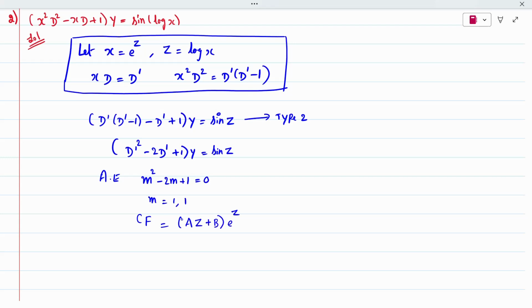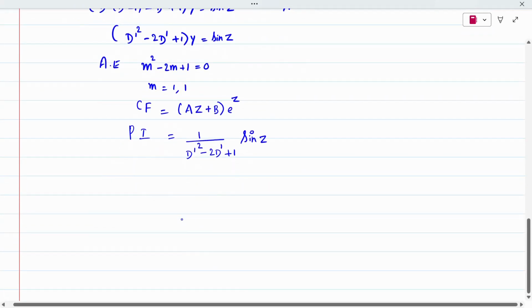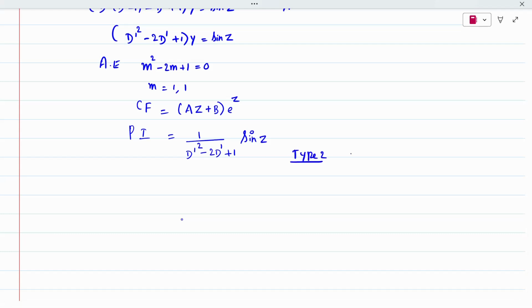Okay. Complementary function written. Particular integral is 1 divided by D dash squared minus 2D dash plus 1, into sine z. So type 2, what is the rule? D dash squared will be replaced by minus a squared.